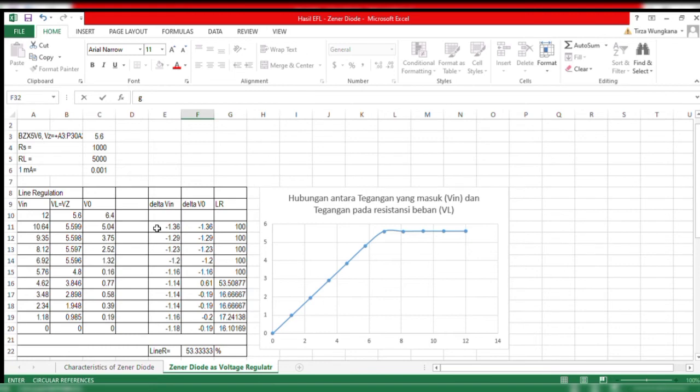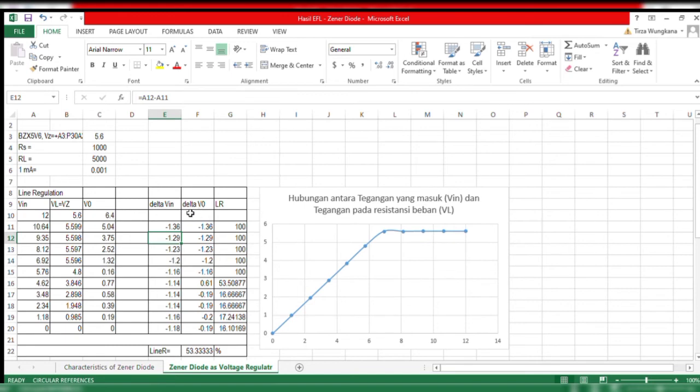The result is from 10.64 minus 12 equals this, and for this it is 9.35 minus 10.64 is equal to this, and the rest is just like that.